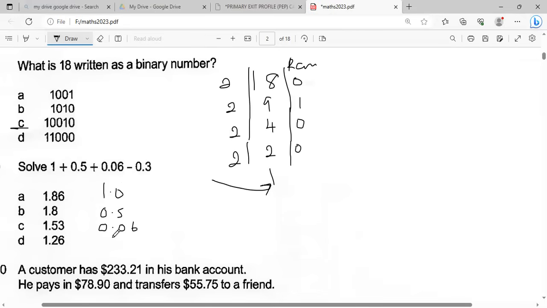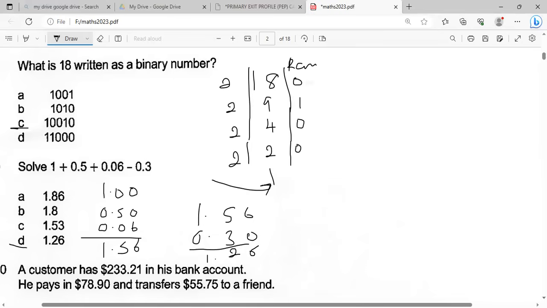So when we add now, we're gonna get, let's put a placeholder if you wish, 6, 5, so it's 1.56. And then after we get the 1.56, we're gonna subtract 0.30, decimal point under decimal point. So that gives us 6, 2. So it's 1.26, which is D.